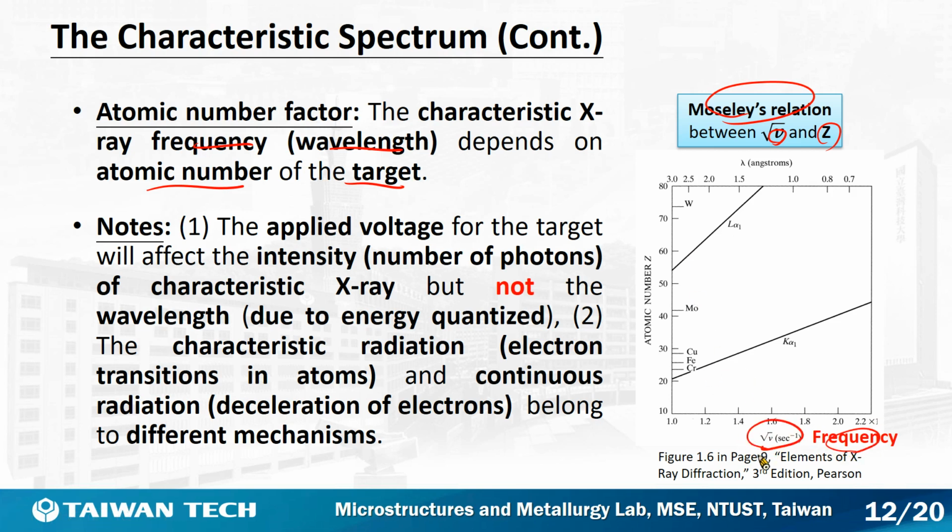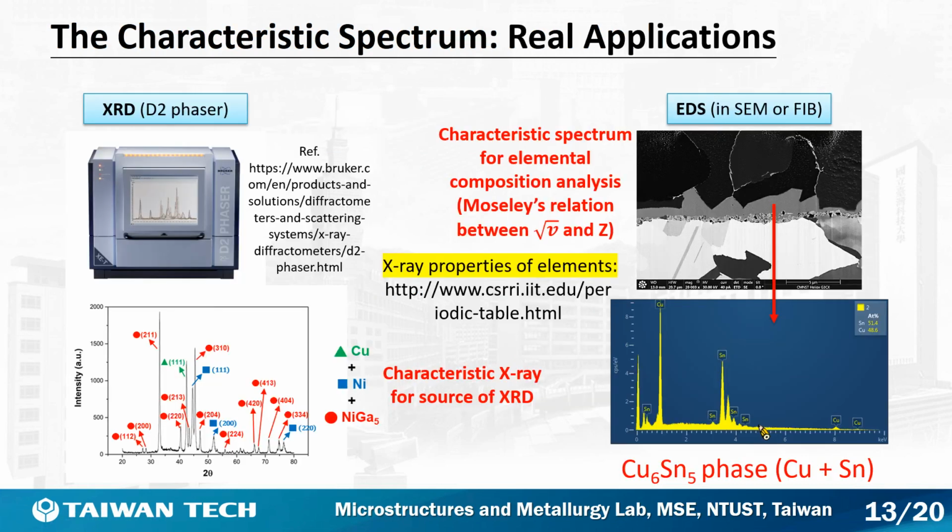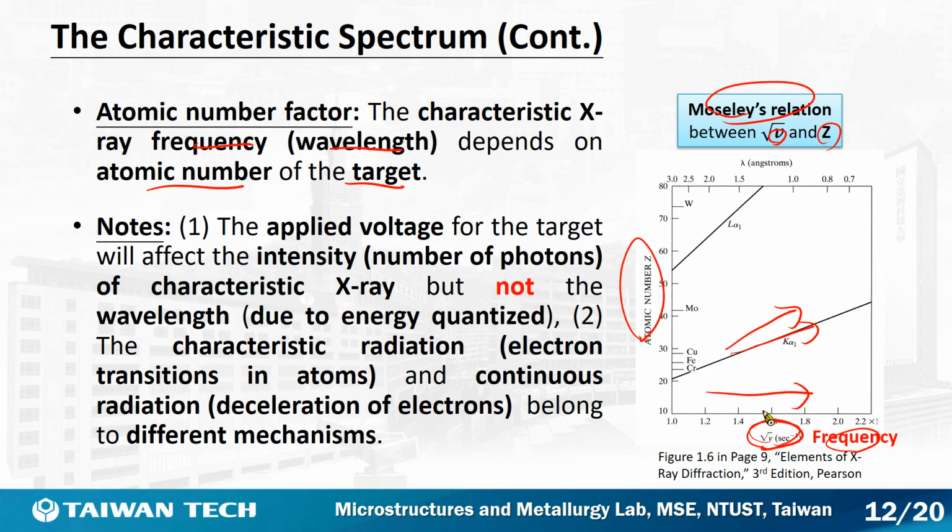If we increase the atomic number, we will see an increasing frequency. Increasing frequency means a smaller wavelength.